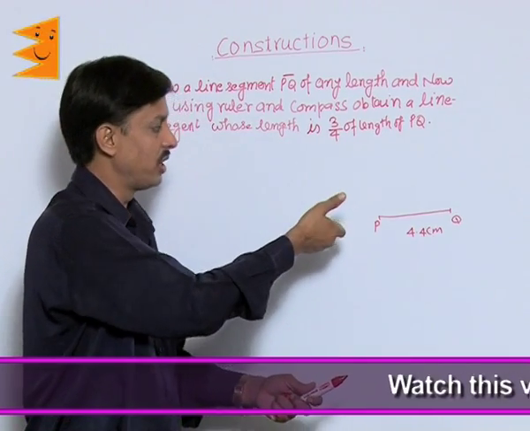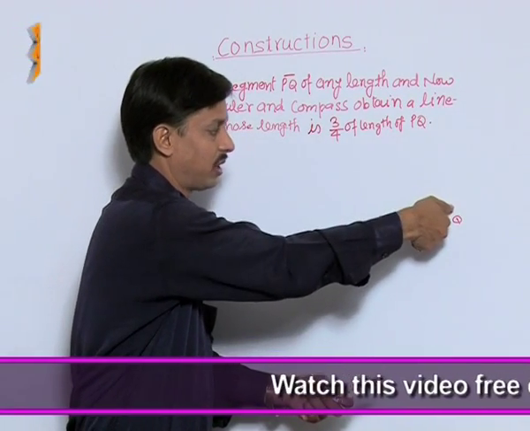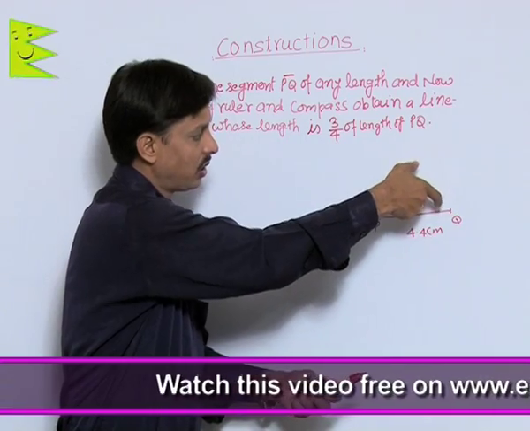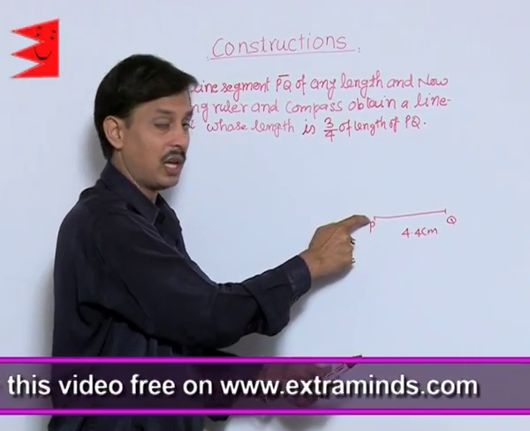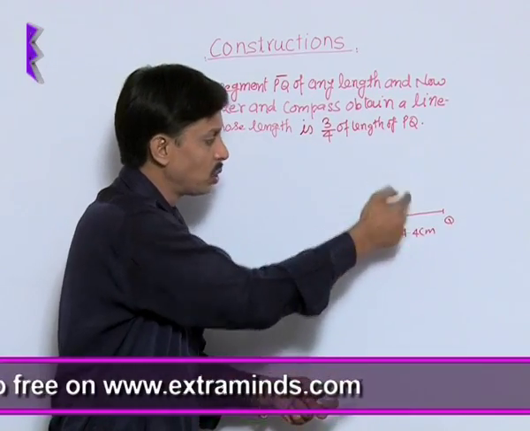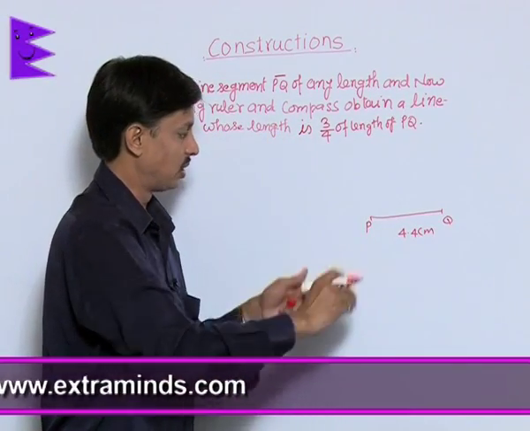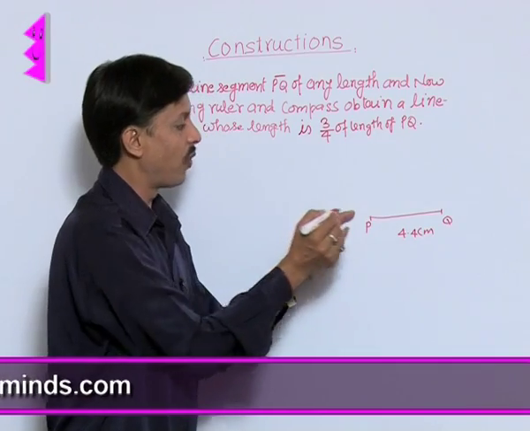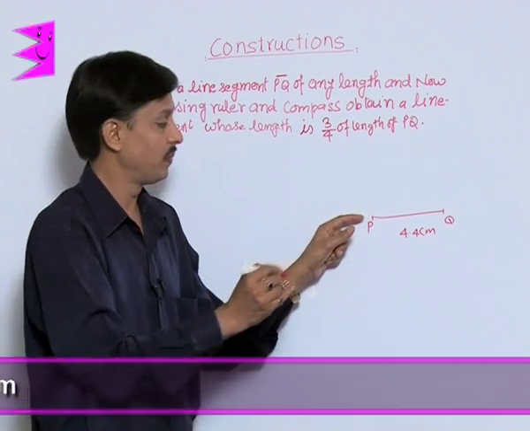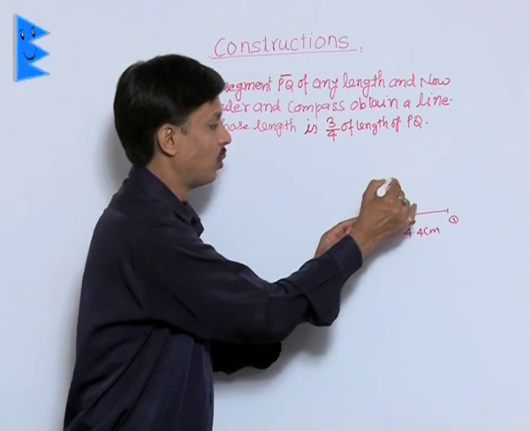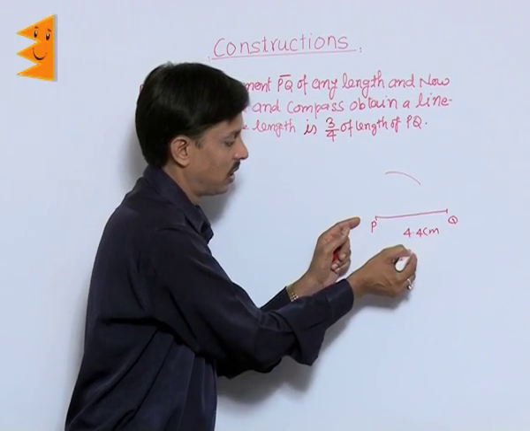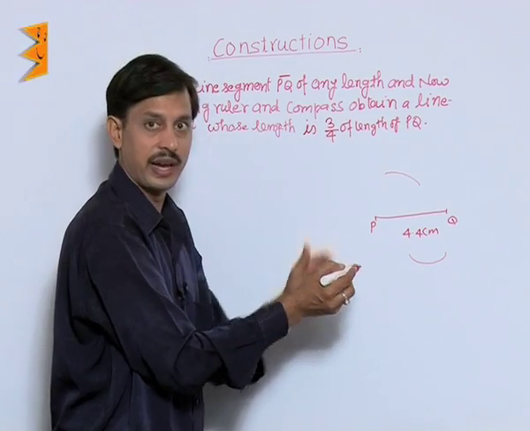We will just change the center. In place of P, we will take Q as center. Now taking Q as center with the same radius which was taken at P, we will mark two separate arcs like this. First, when you have taken P as center and radius of the arc more than half of PQ, suppose these were the arcs as shown.